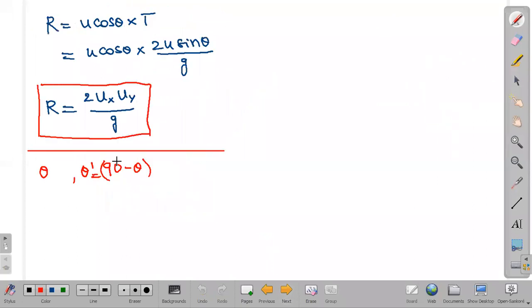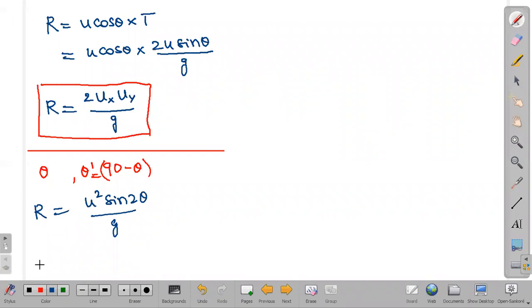So for complementary angles, the horizontal range R equals u square sin 2 theta by g, which we already got when we took theta, right? Now the same formula I write, u square sin 2 theta by g, which we got previously. Now I am taking it for the complementary angle.